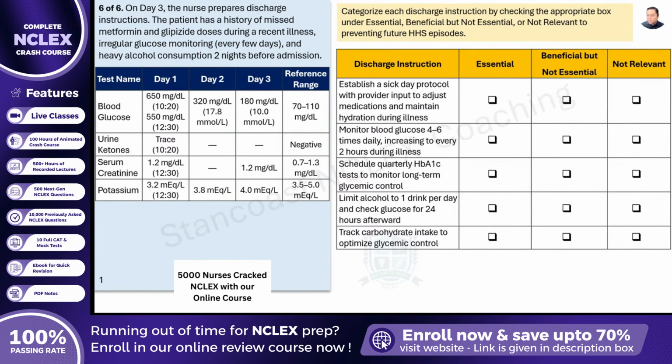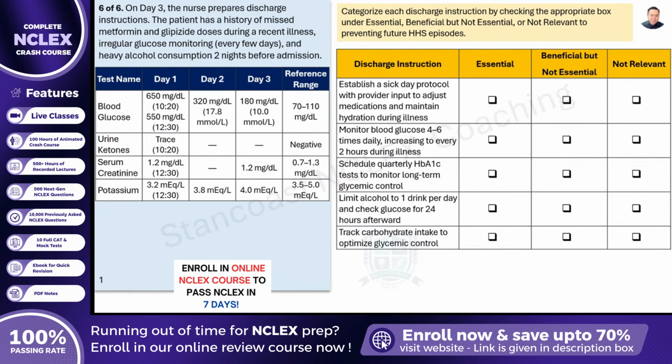And the fourth one, limit alcohol to 1 drink per day and check glucose for 24 hours afterward. Lastly, track carbohydrate intake to optimize glycemic control. Don't forget, you're going to check the box where it's supposed to be. The discharge instructions should be associated with one of the options: essential, beneficial but not essential, or not relevant.